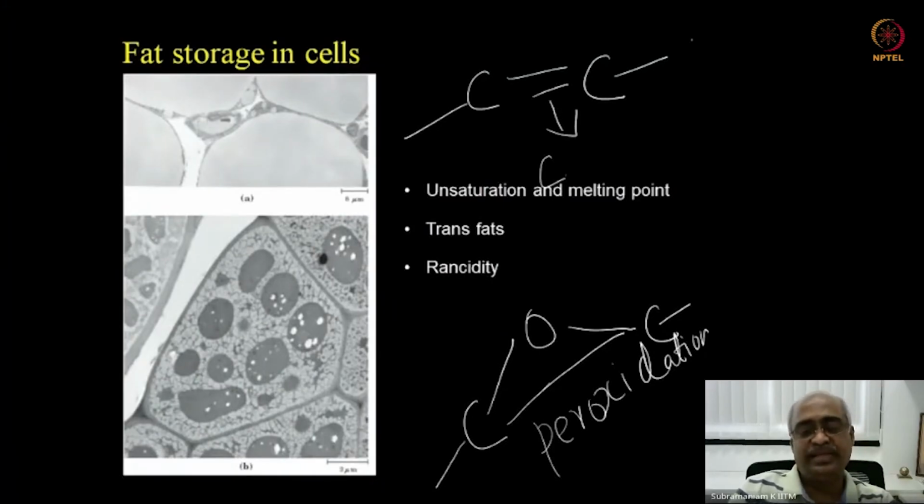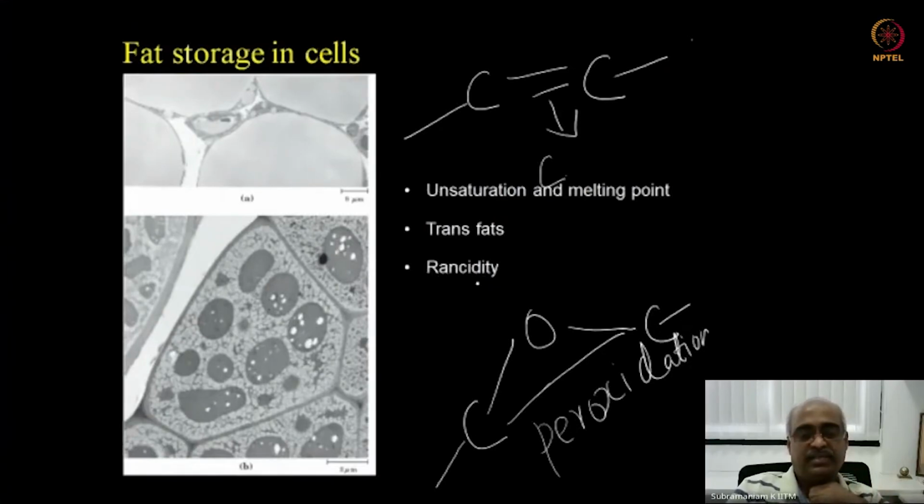Free radicals produced in other reactions can cause this peroxidation, and this peroxidation can lead to breakdown of the membrane lipid, and the breakdown products are reactive again. For example, it is easy for you to understand how this will break into an aldehyde. And so to prevent all of that, you have antioxidants in the lipid phase as well.